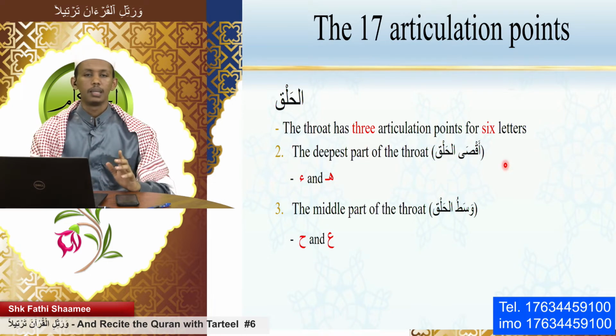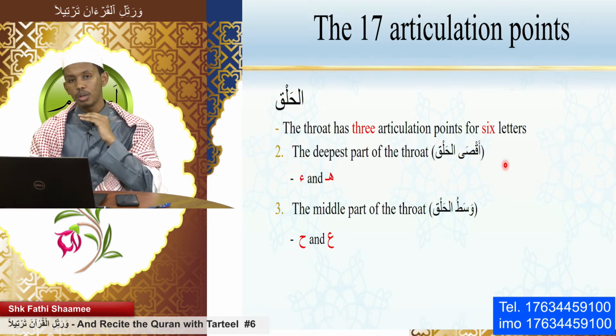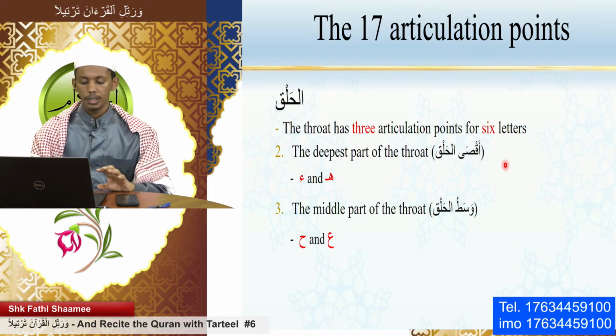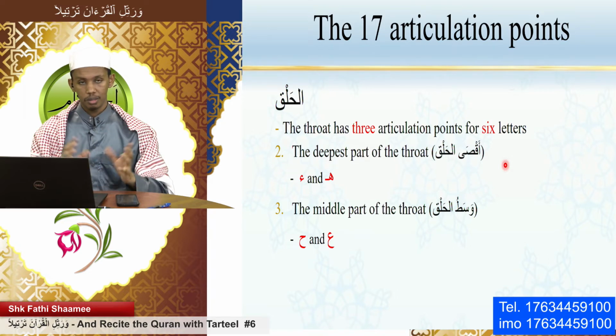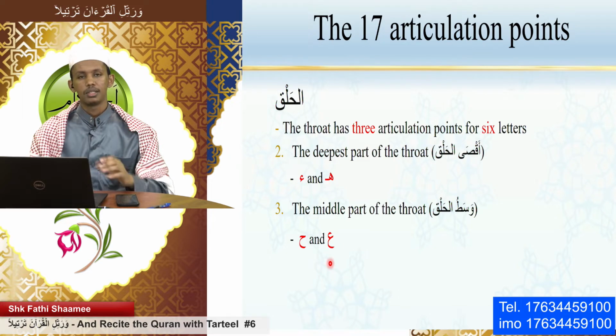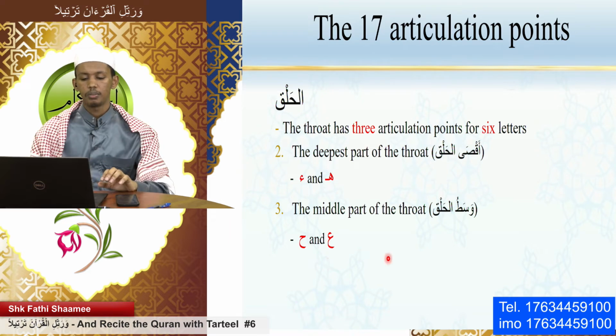So the ha and the ayn are from the middle part of the throat. So this is closer to the mouth than the deepest part. And we will see in the future with images what this looks like. So the ayn and the ha, these are from the middle part of the throat.